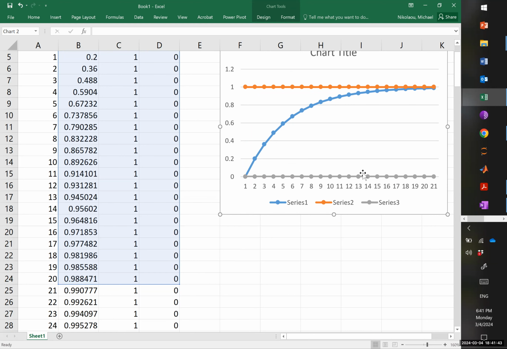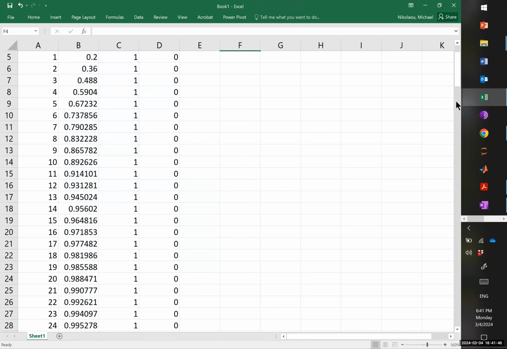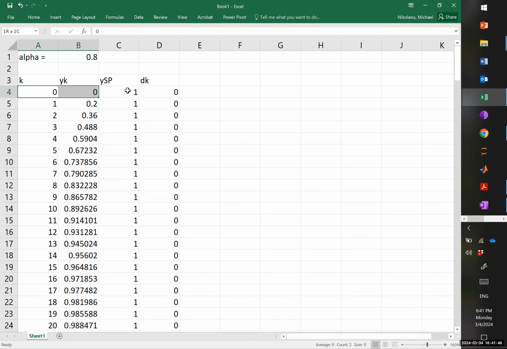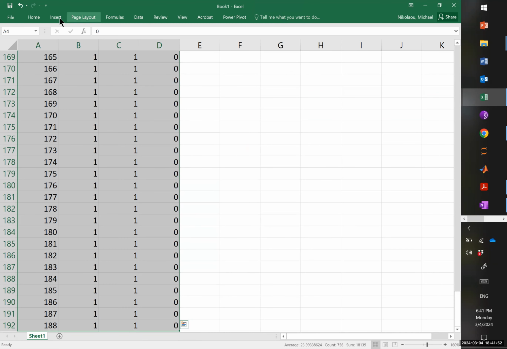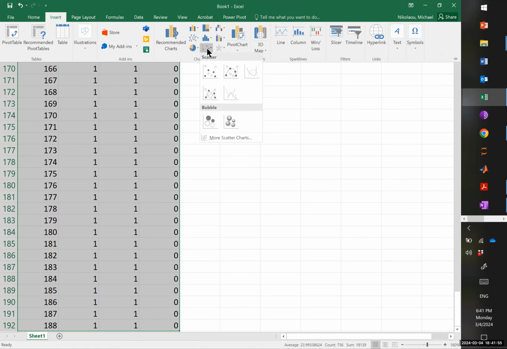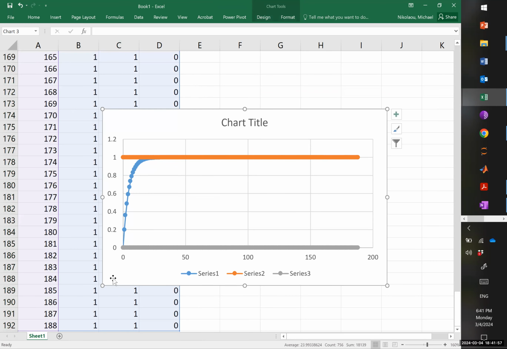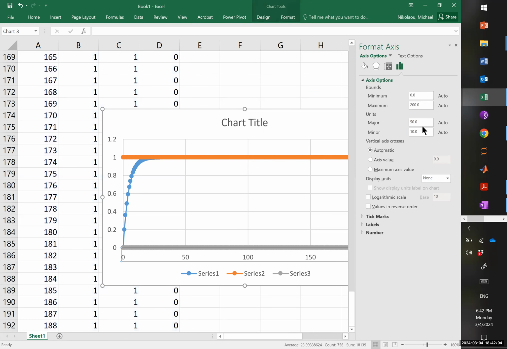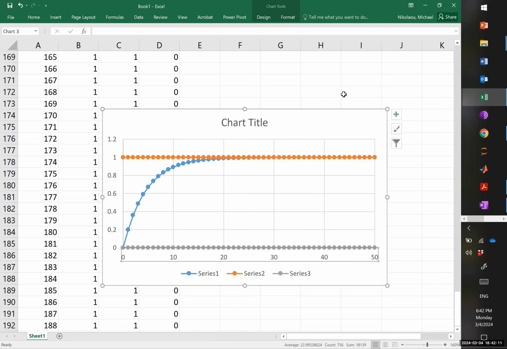Actually, this has 1, 2, 3. I don't want it like that. Okay, bear with me and let me do it in a different way. This is better so we can have 0, etc. Like this. That's good enough. Blue is my output.